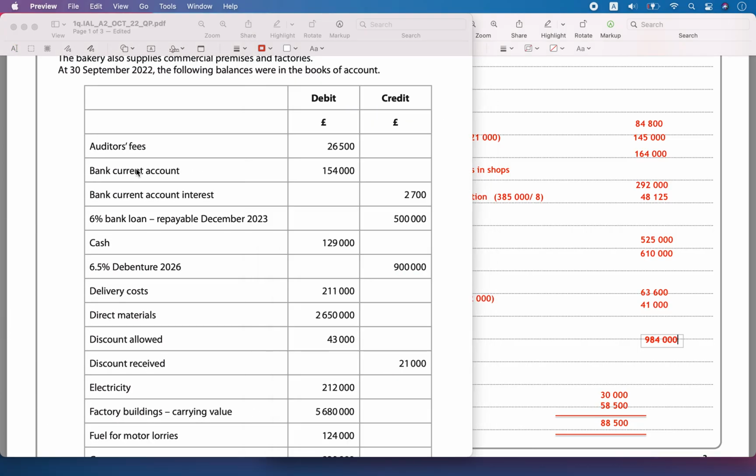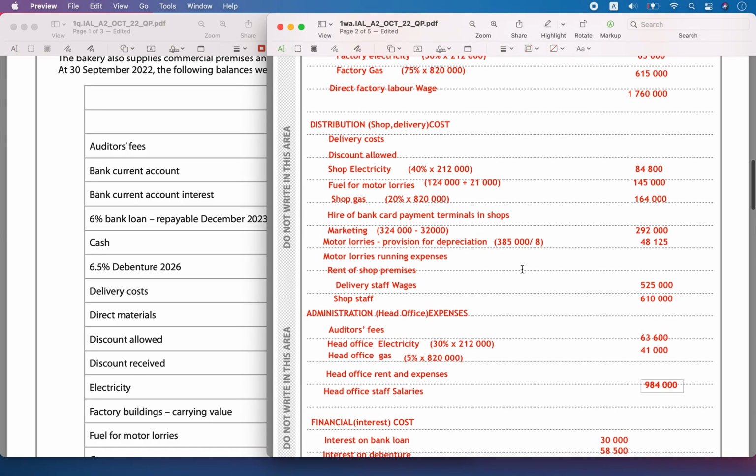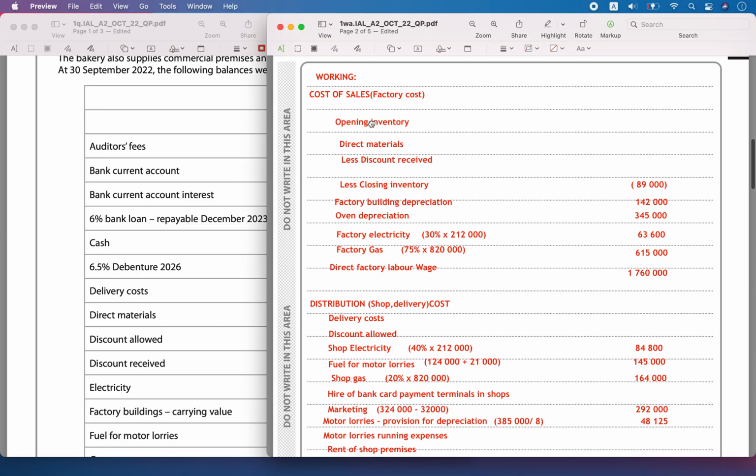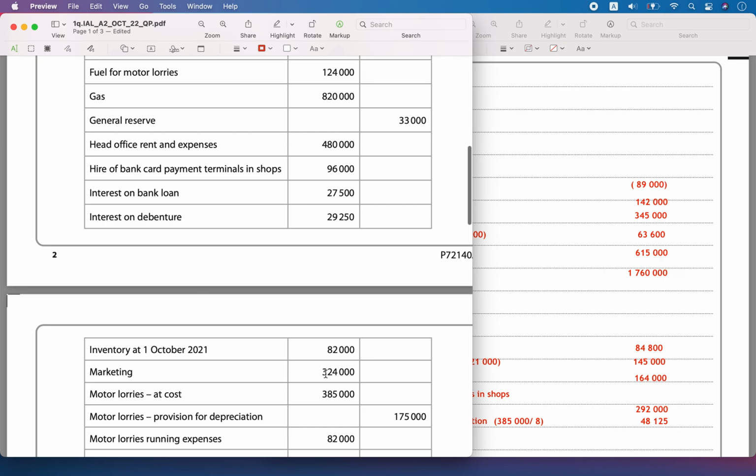Now we have to include the other stuff from here. First one is, let's calculate the cost of sales. Opening inventory plus the direct materials minus the closing inventory. Opening inventory, we saw that it is 82,000.